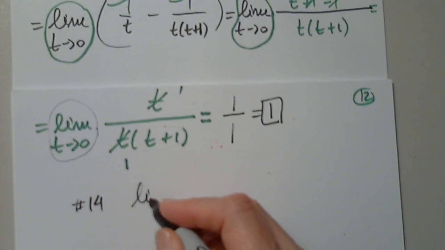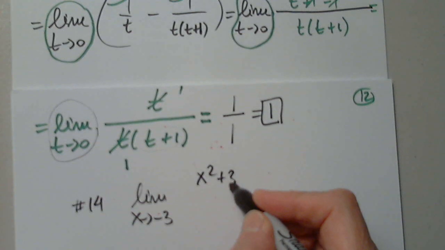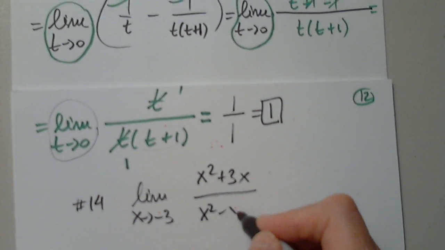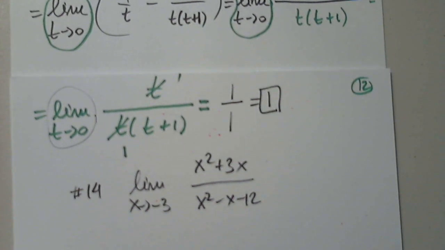The limit as x approaches -3 of x squared plus 3x over x squared minus x minus 12. And I would like you to put the answer in this second discussion. I'll make it available. So please work on this.